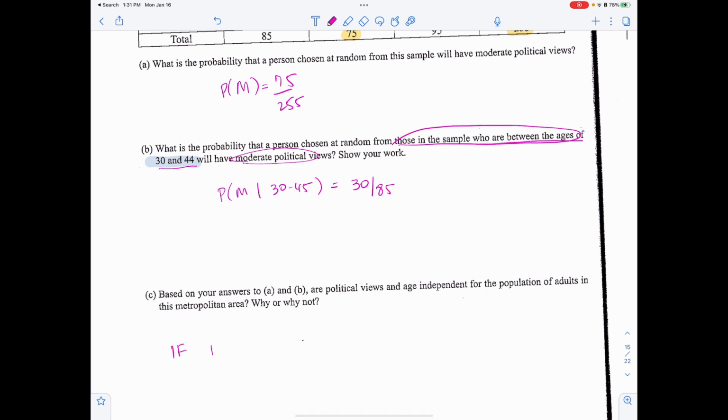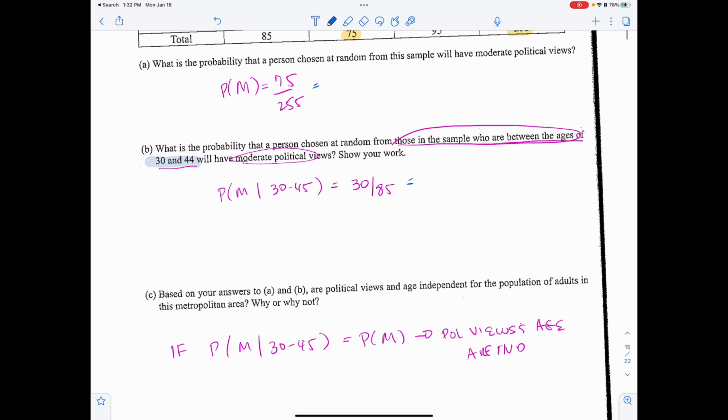If probability of moderate given 30 to 45 is equal to probability of moderate, then I can say that political views and age are independent. Now, my answers before staying in fractions were fine, I was content with that. But now I need to divide them because it's hard for me to tell if these fractions are equivalent by just looking at them.